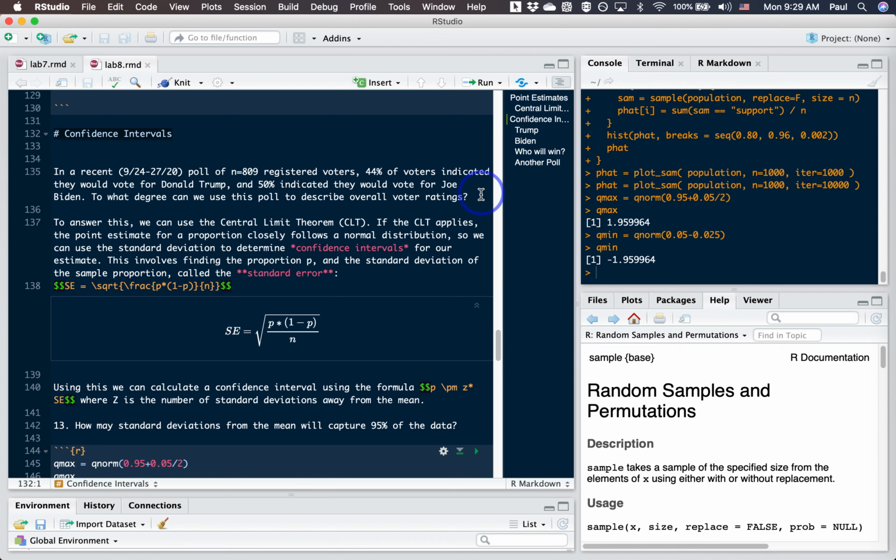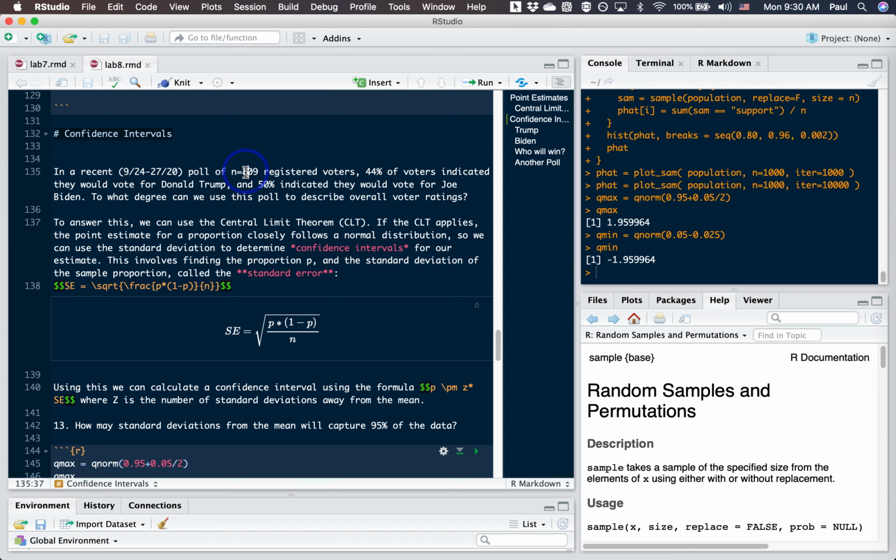To put this into context, these tools are used to address some pretty pertinent questions. The first example we're going to look at is a voting poll. Actually, this is a poll that was done pretty recently. We have a poll of 809 voters, 44% of which indicated they would vote for Donald Trump in the next election, and 50% indicated they would vote for Joe Biden.